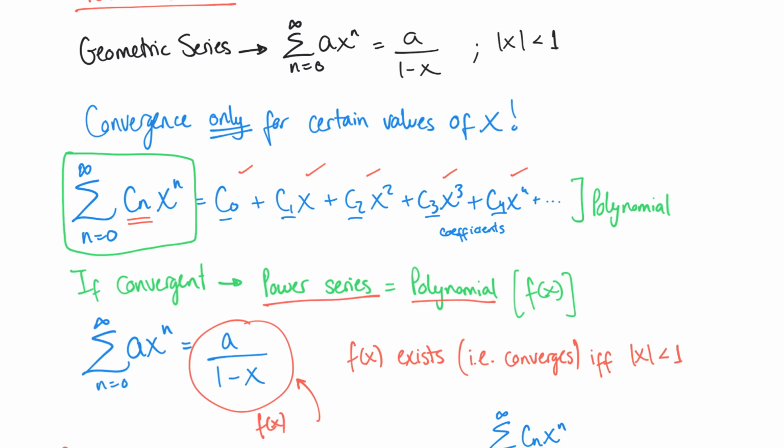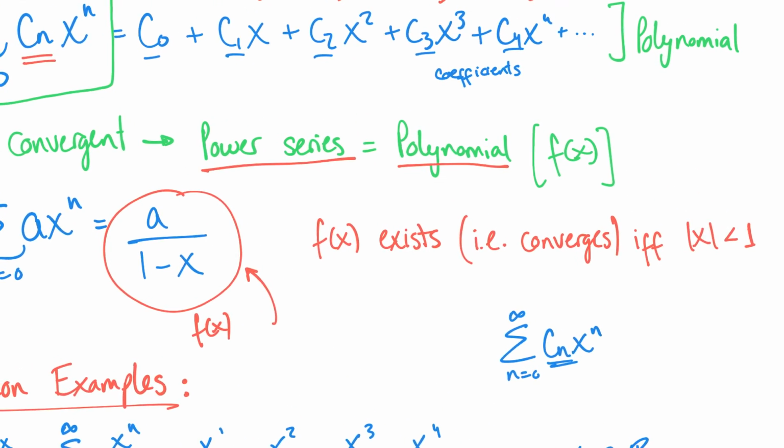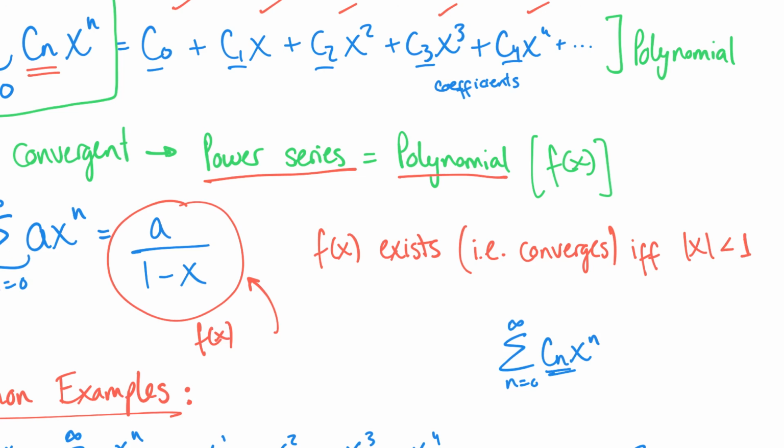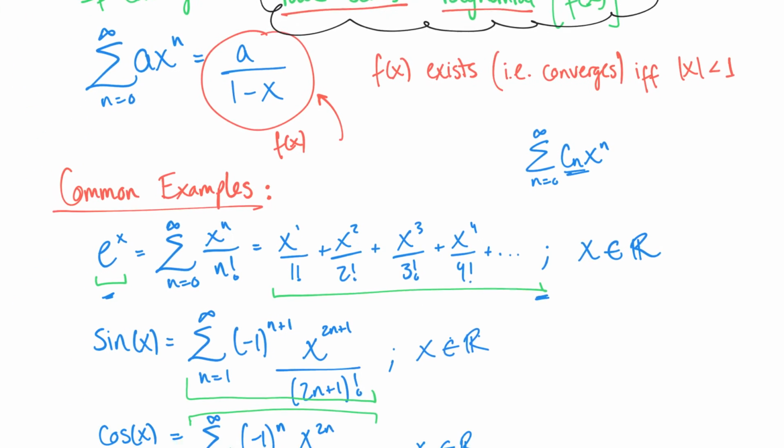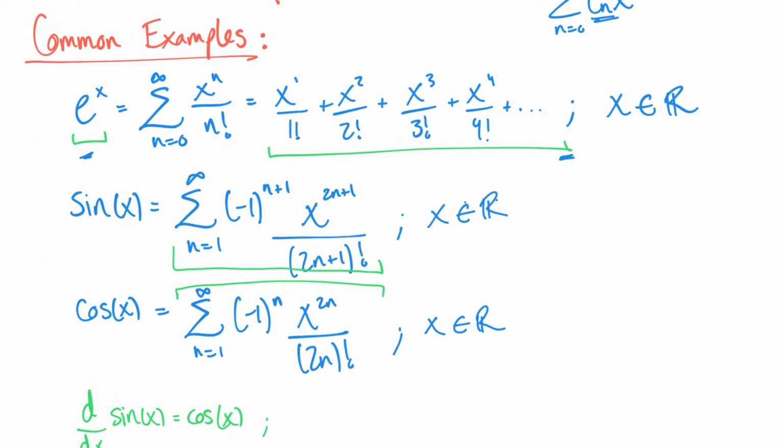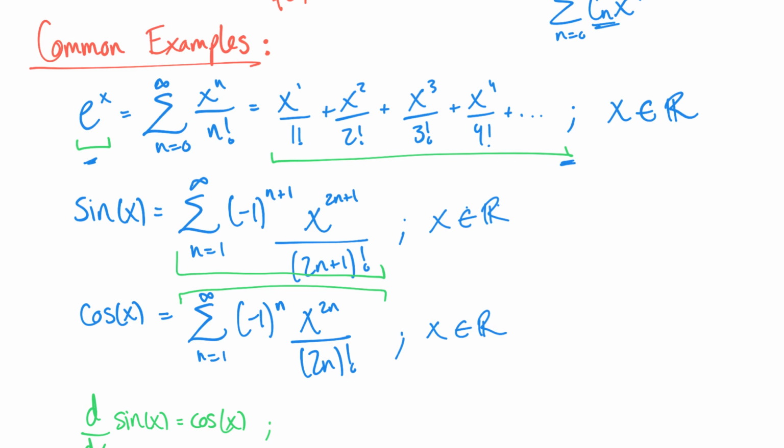So it is critical for me to find the range within which that polynomial will converge, within which I can actually say that a power series is equal to f of x. And once I do that, I can use this to my advantage in a wide variety of problems, and we'll do more videos about it in the future. But the important thing is to know that we're basically equating functions to infinite series.